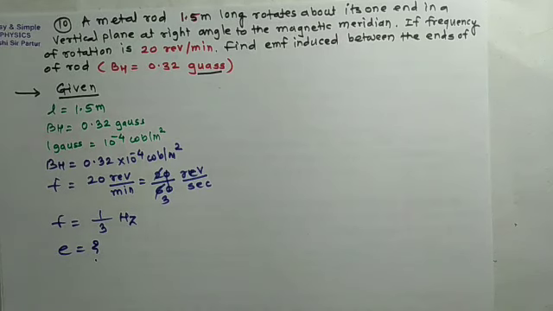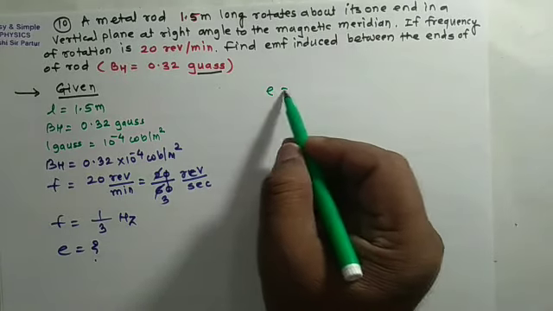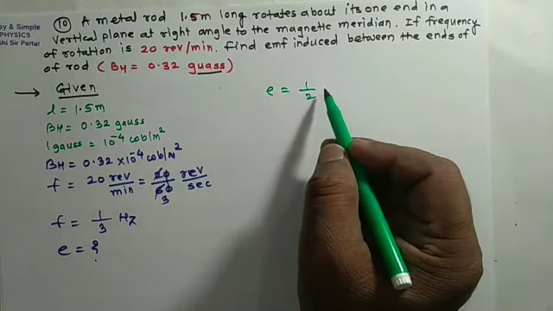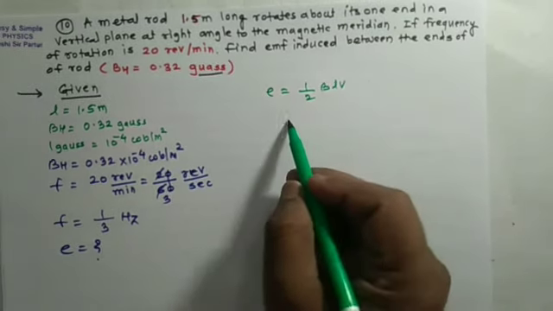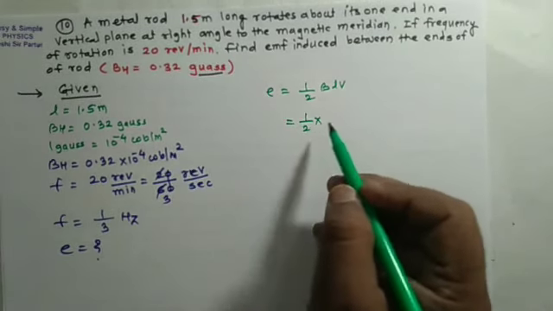In such type of example, the formula will be written as 1 upon 2 BLV. So the EMF generated will be 1 upon 2 BLV.